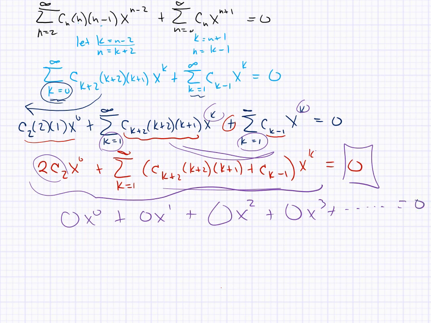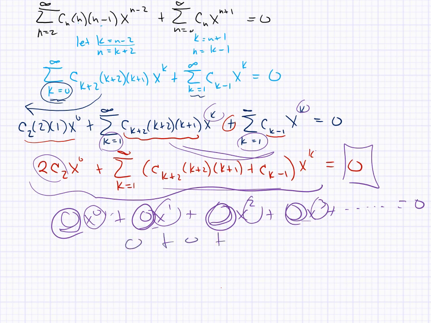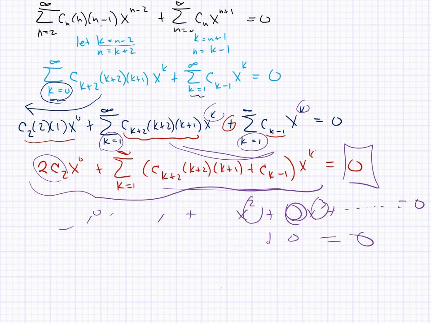We talked about this. The only way that could equal 0, or two ways, would be one, if x itself were 0, but that does nothing for us. Or if every single one of these coefficients were 0, so you'd have 0 plus 0 plus 0 plus 0, and that equals 0. So we're looking at the coefficients being equal to 0.